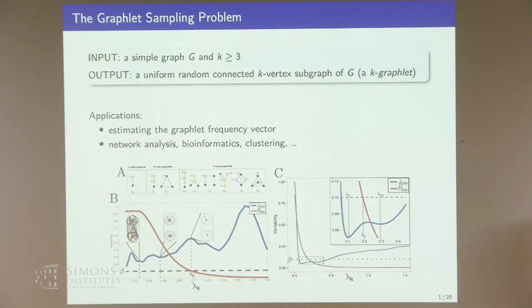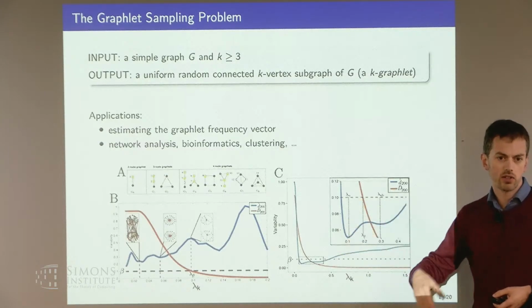A typical application is mining networks to estimate the relative frequencies of all connected k-vertex induced subgraphs. So the relative ratio of, let's say, cliques and cycles and paths and so on.